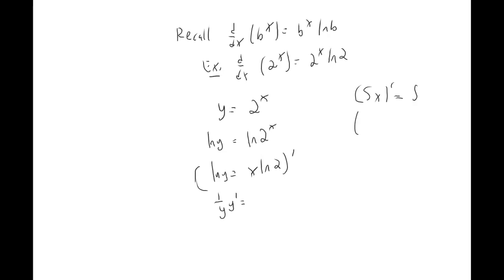What's the derivative of 3x? Yeah, it's just ln 2. ln 2 is a number. So the derivative of ln 2 times x is ln 2.